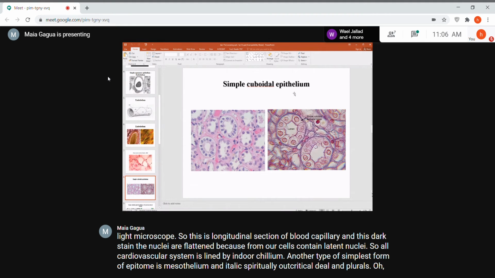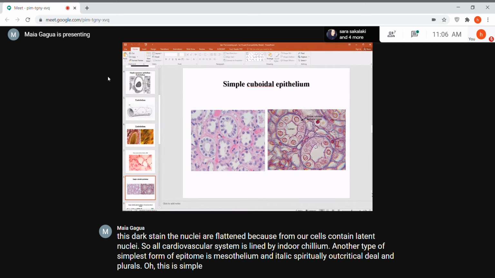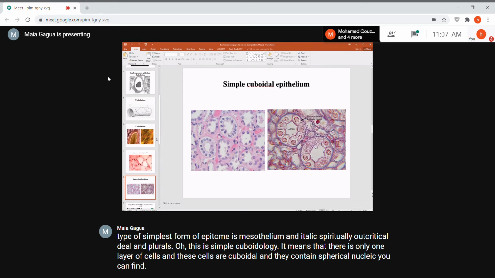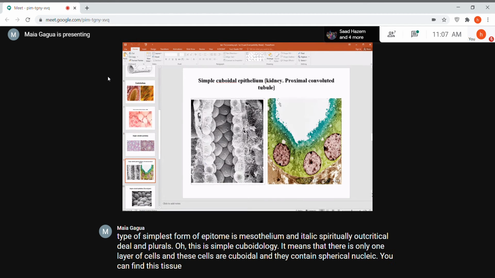This is simple cuboidal epithelium. It means that there is only one layer of cells, and these cells are cuboidal and they contain spherical nuclei. You can find this tissue in the kidney, in the thyroid gland, in the ovary.